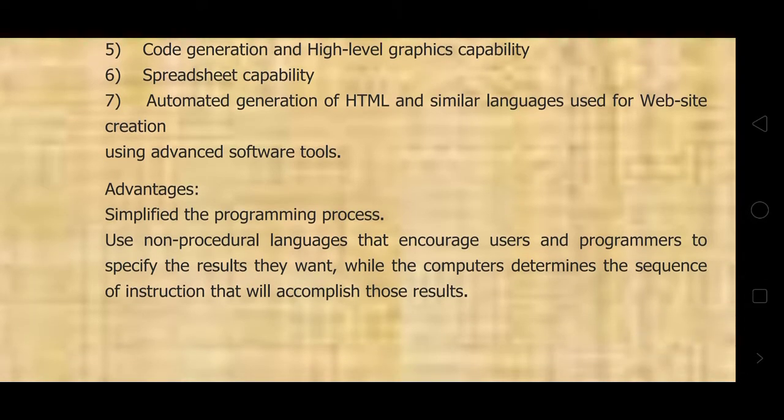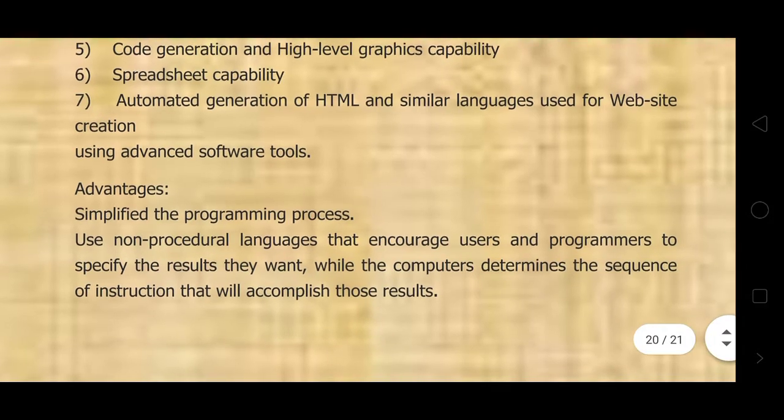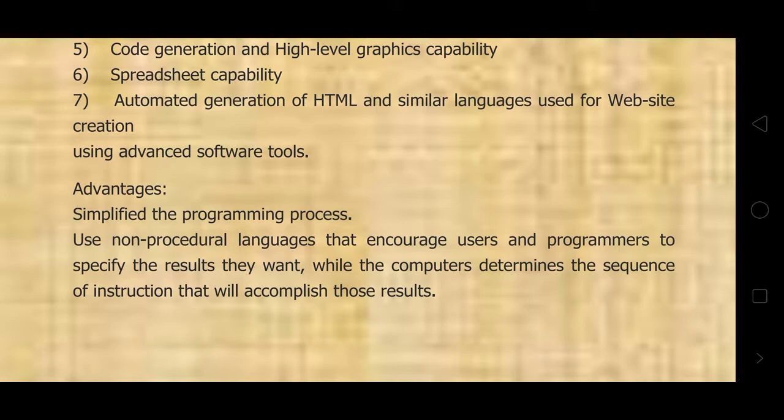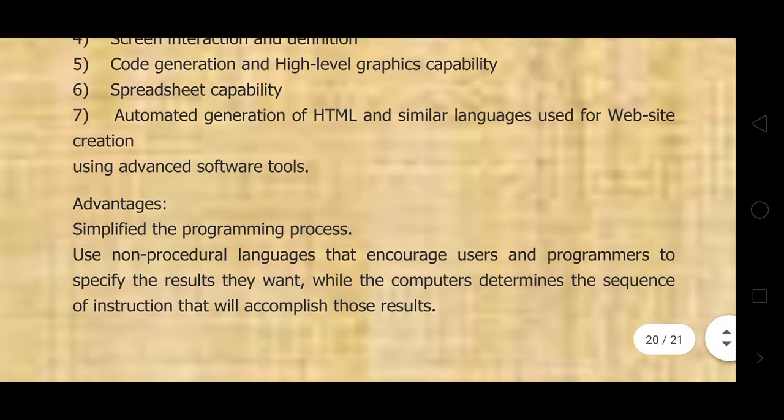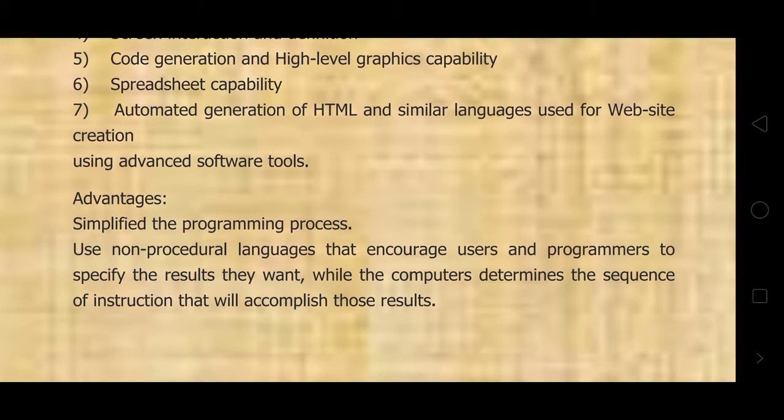Advantages: simplified the programming process. Use non-procedural languages that encourage users and programmers to specify the result they want, while the computer determines the sequence of instructions that will accomplish those results.